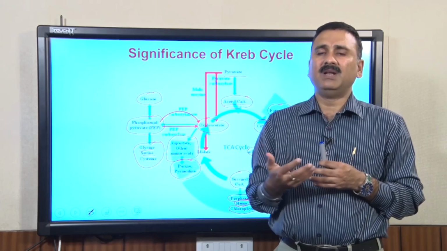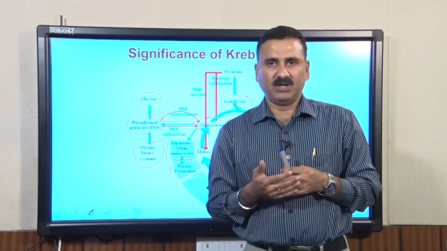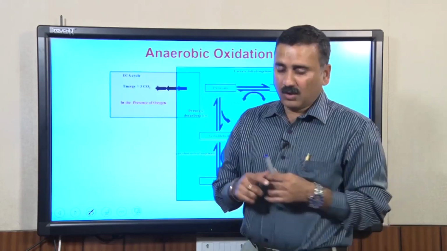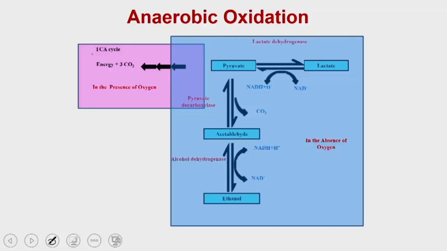But what will happen if there is no oxygen in the environment, or there is low oxygen? As we discussed, if there is oxygen, the TCA cycle will run, and it will produce carbon dioxide and energy in the form of ATP. If oxygen is present, the TCA cycle will generate 3 molecules of carbon dioxide, and it will process the reducing equivalents to generate the ATP.